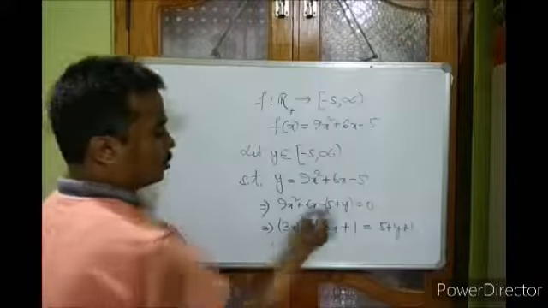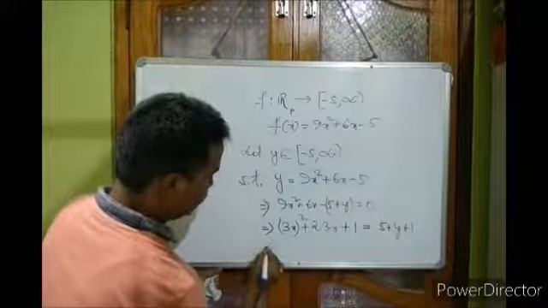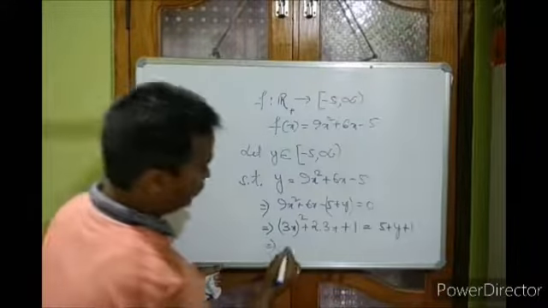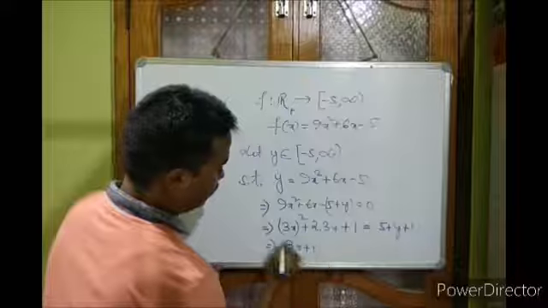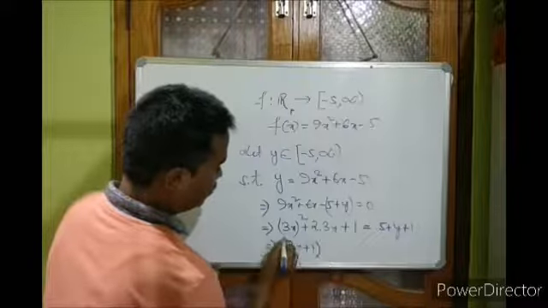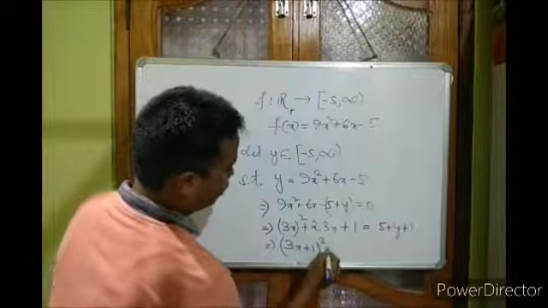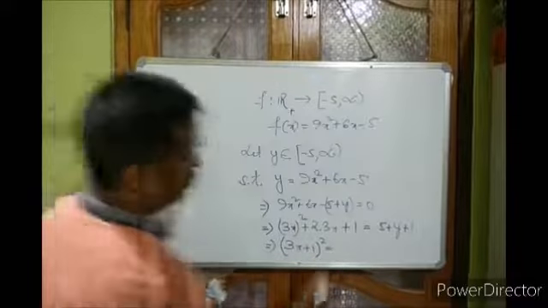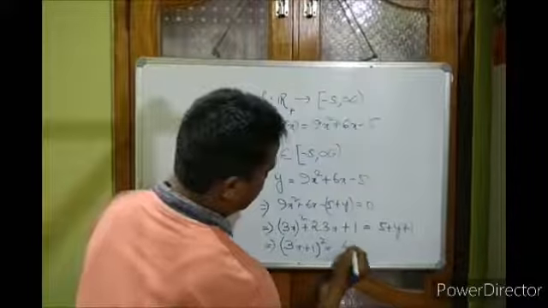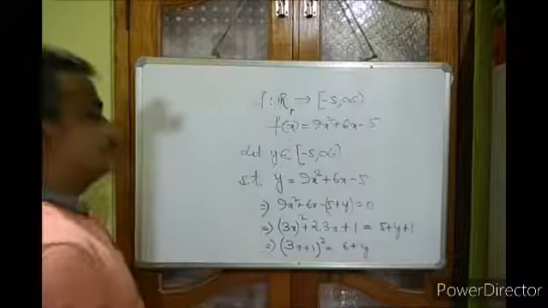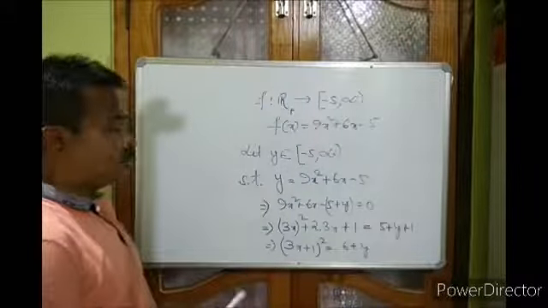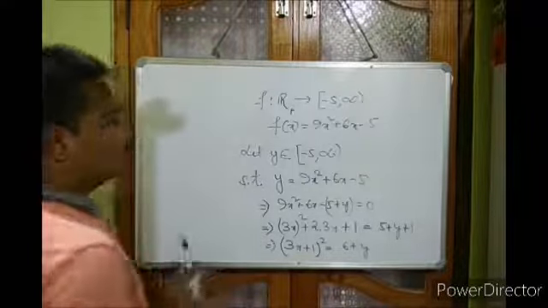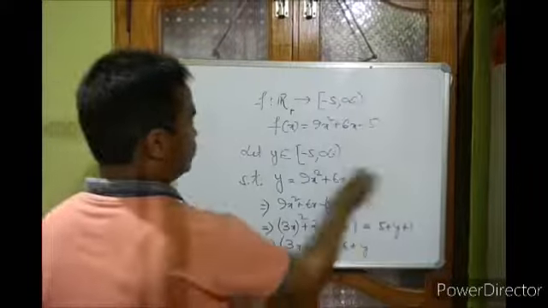So 3x is the same here. This implies 3x plus 1 whole square is equal to 6 plus y.